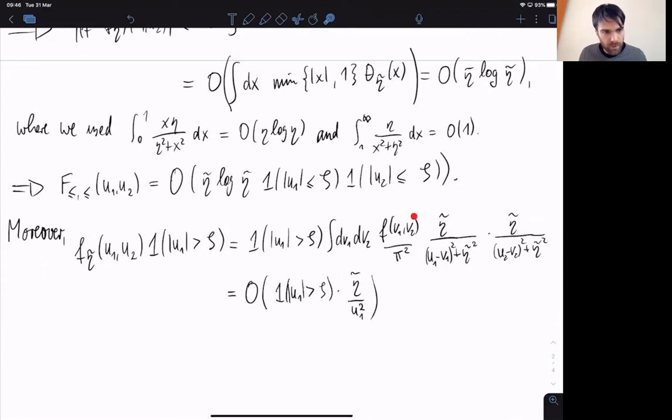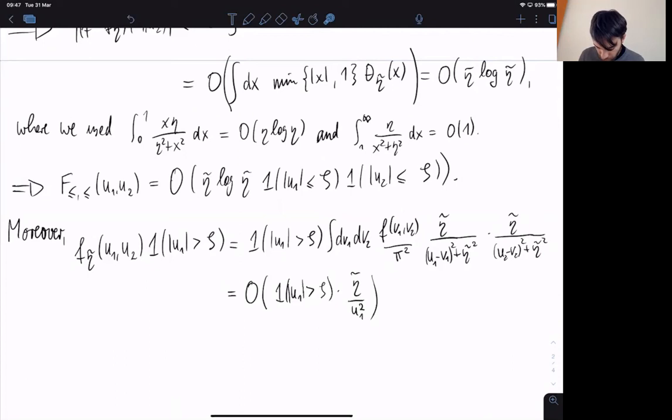We first estimate f as a function with compact and bounded support. So both of these integrals will go over a compact interval. And then I can integrate this here out. So this gives me a multiplication with a constant.